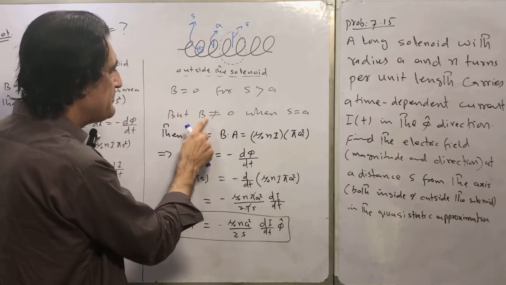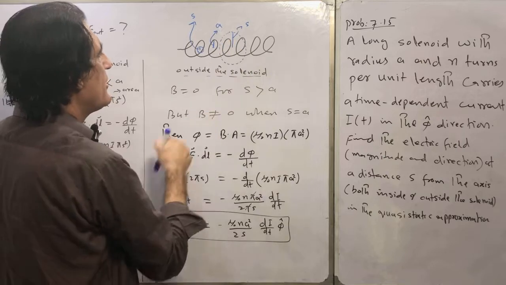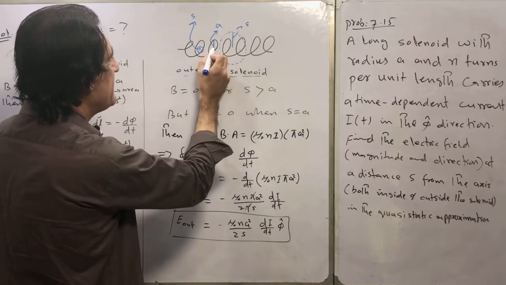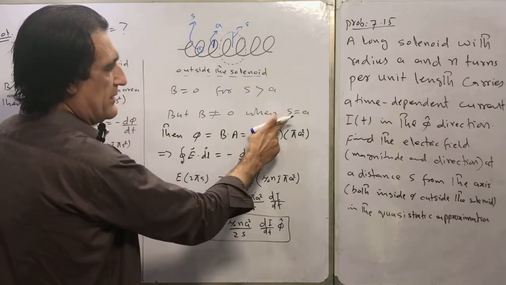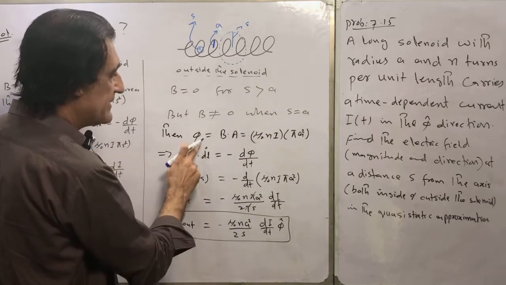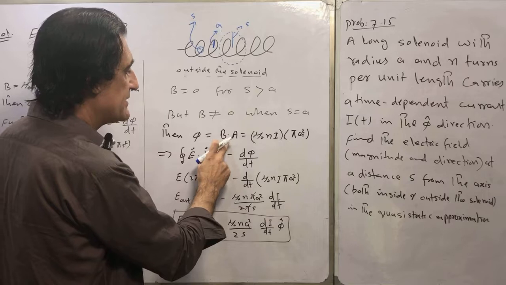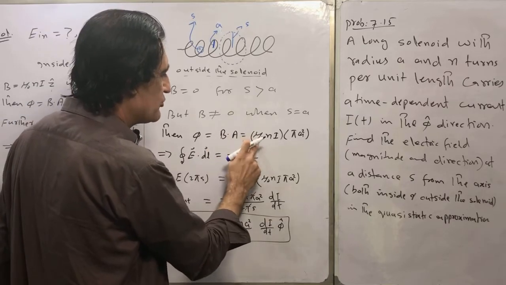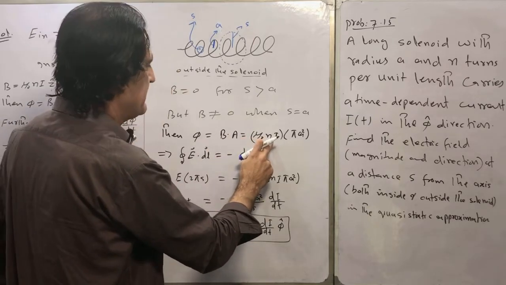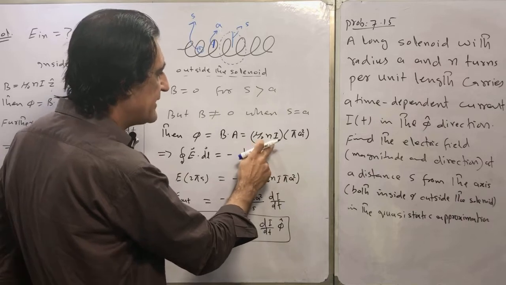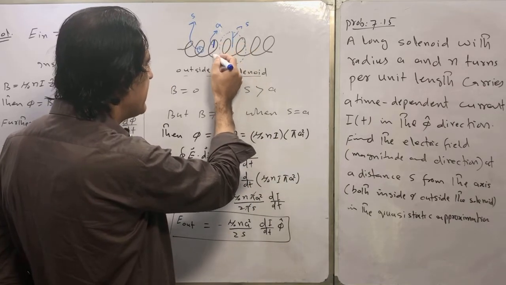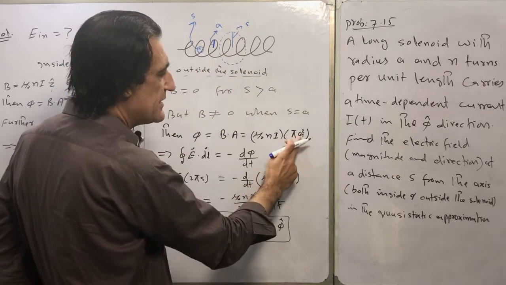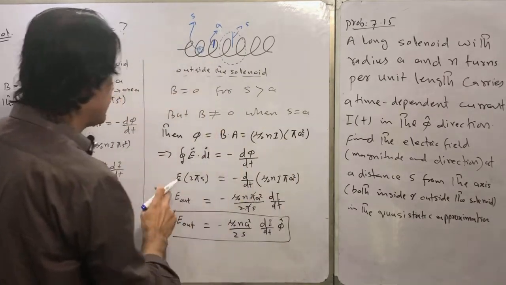But B is not equal to 0 up to radius s equal to a. Then the flux phi is equal to B dot A, where B is equal to mu naught n I, the magnetic field of the solenoid, and for the area we consider the region of radius a, so pi a squared.